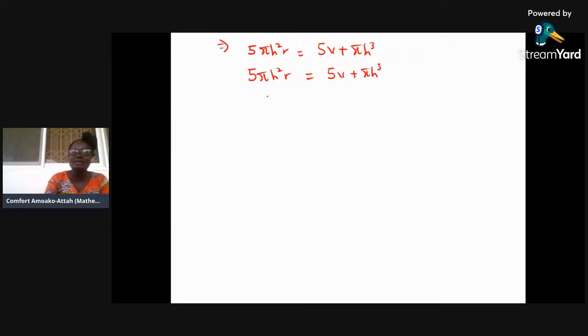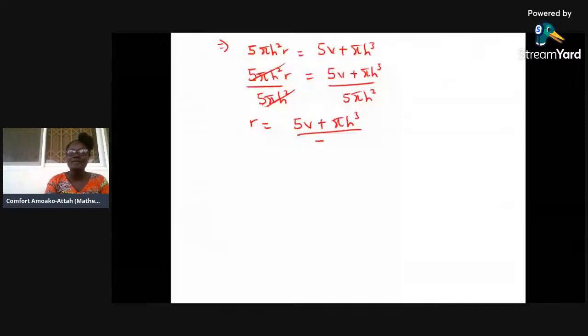So this will give us over 5 pi h squared, and this as well divided by 5 pi h squared, so that this one will cancel this. So we will get r to be 5V plus pi h cubed over 5 pi h squared. So this is the solution to our question.